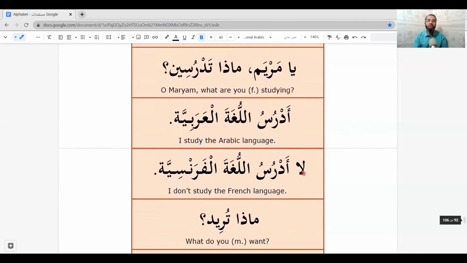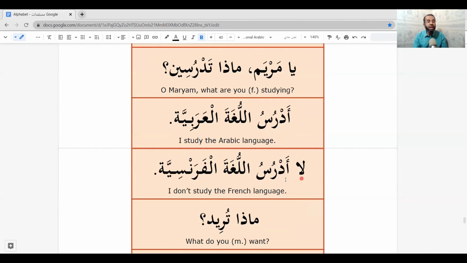The next one, I don't study or I am not studying the French language. Here we use لا plus أدرس. أدرس means I study. If you want to say I don't study, you use لا. Before that we studied I love, أحب. If you want to say I don't love or I don't like, you say لا أحب. So لا means no, and also means don't or doesn't.